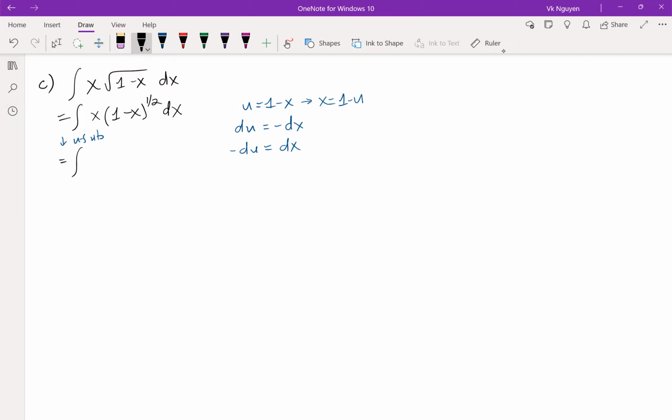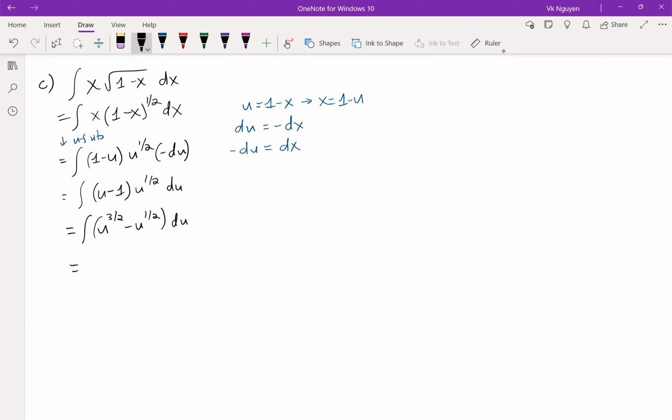Integral (1 minus u) times u to the power 1 over 2 multiplied to negative du. Distribute the negative and we have u minus 1 multiplied by u to the power 1 over 2 du, which is the integral of u to the 3 over 2 minus u to the 1 over 2 du.